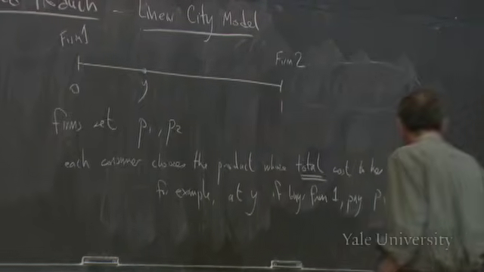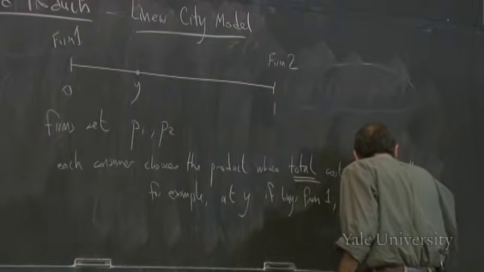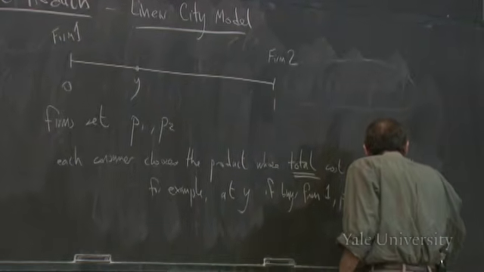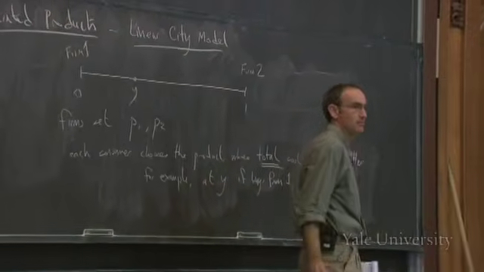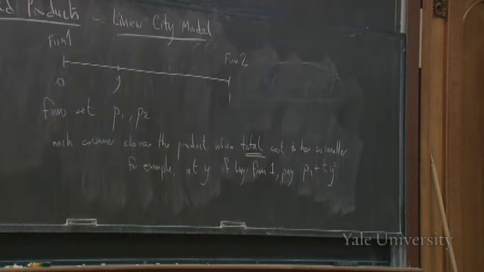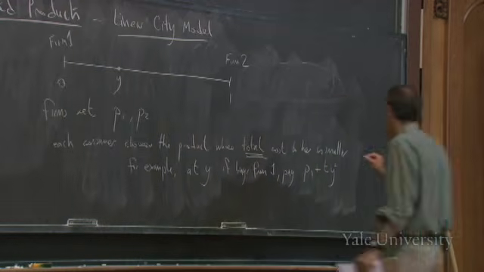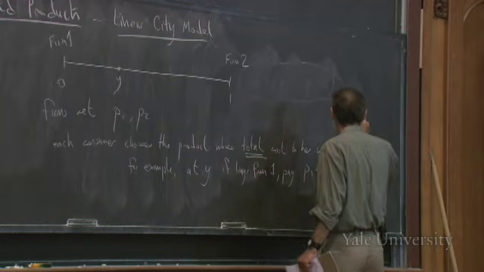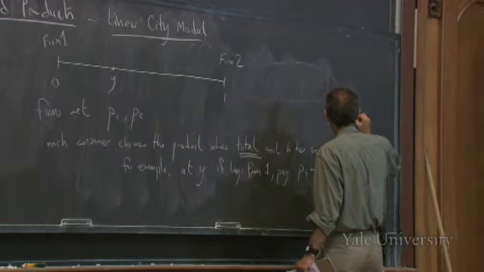We'll say it's t y squared. Here y is the distance they have to travel, and t y squared is their transport cost.